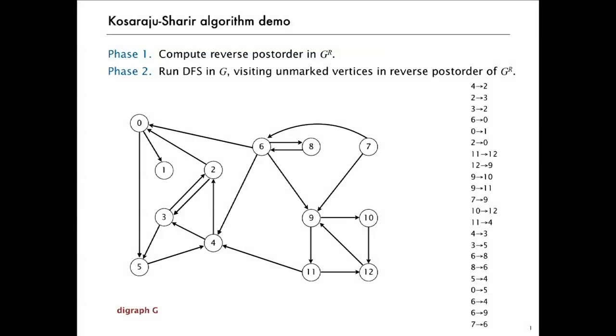Okay, so this is a DiGraph, and our goal is to compute the strong components. We're going to do it in two phases, two DFSs. One is to compute the reverse post order in the reverse of the graph, and the other is to run the DFS, but for the order in which we visit the vertices, we use that reverse post order that we computed.